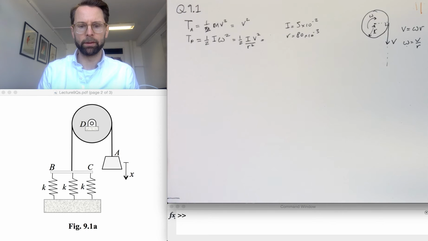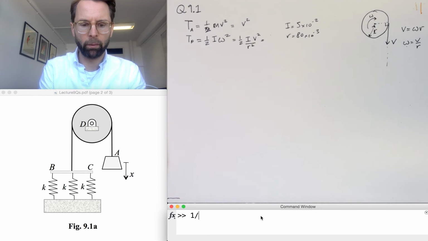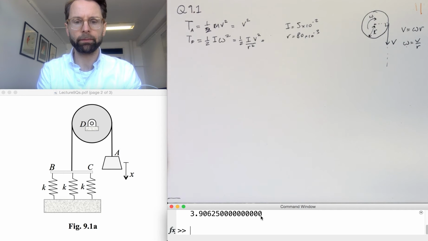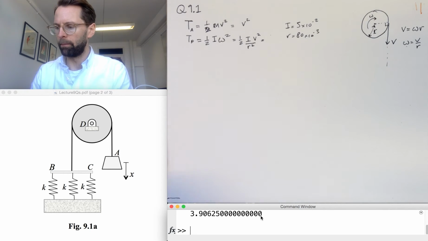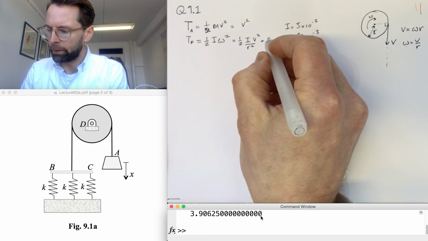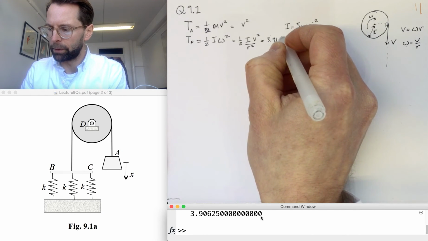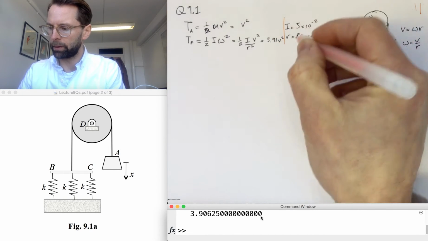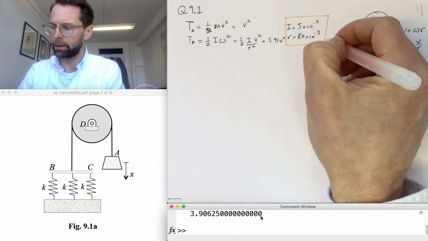So let me just do a quick calculation. Half times I, 5 e to the minus 2, divided by 80 e to the minus 3 squared. 3.91 v squared. We just draw a little box around that so we don't confuse it.